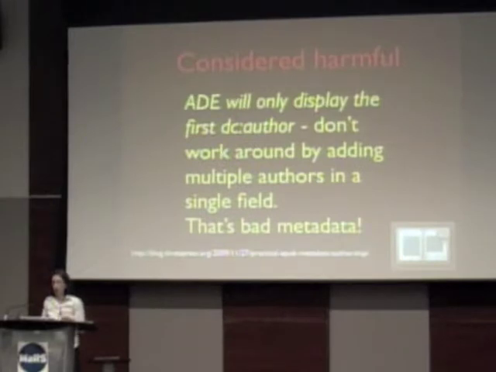And that's a problem down the line. It's just wrong. It's bad metadata, and we know that metadata needs to be better. And you're shorting all the other authors of that book by not giving them their own metadata field that might be used for searching or discovery of other books that they've written.